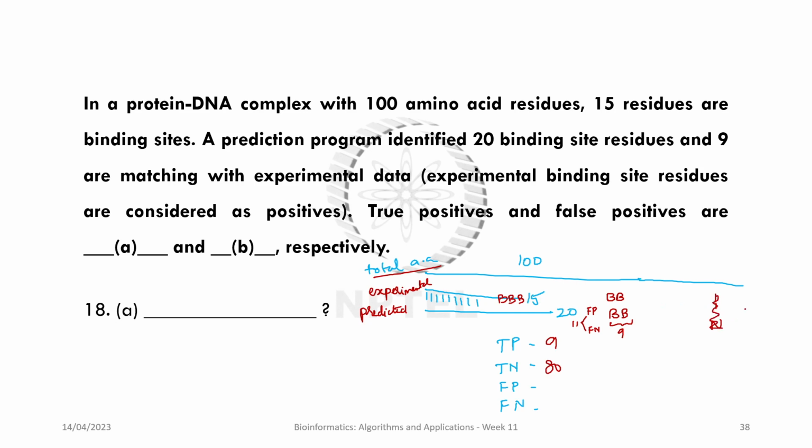So 15 minus N would be 6, right? So in 6 cases you have B on top. I think I should have thought about this question before the class. My bad.